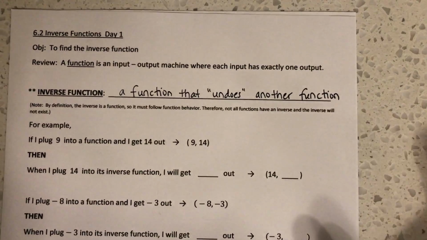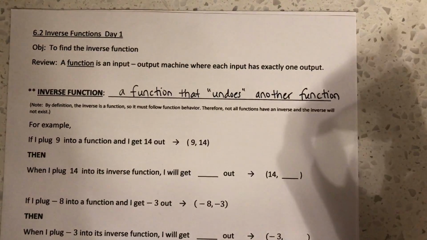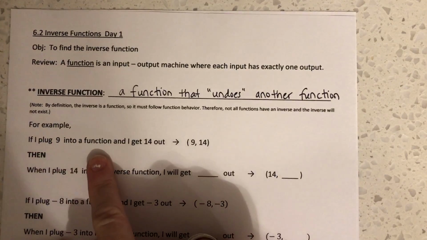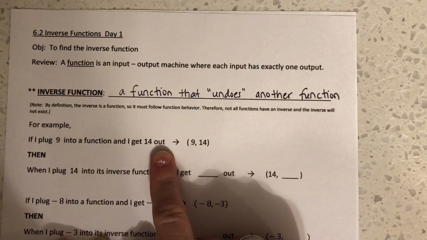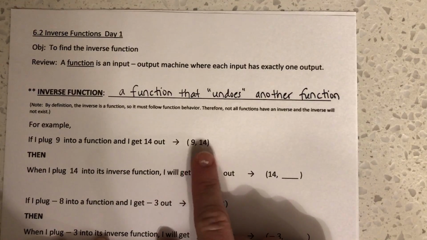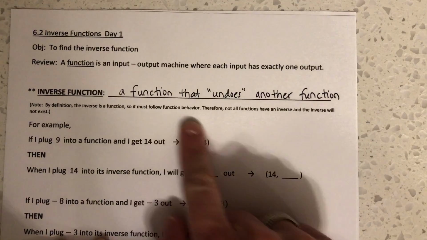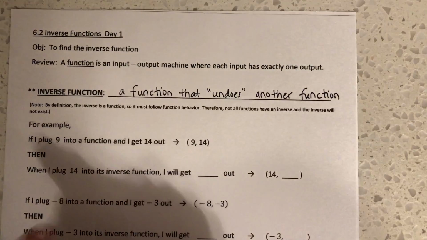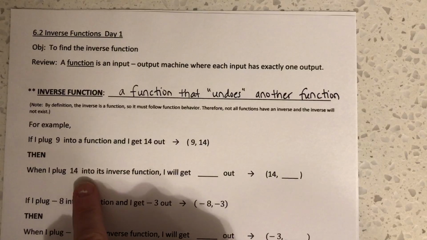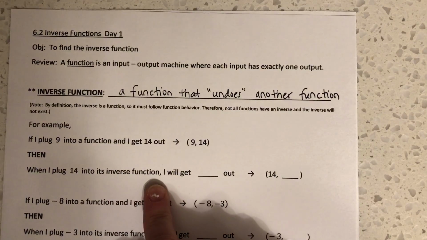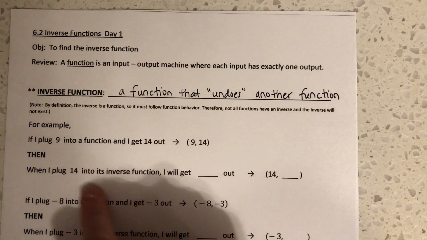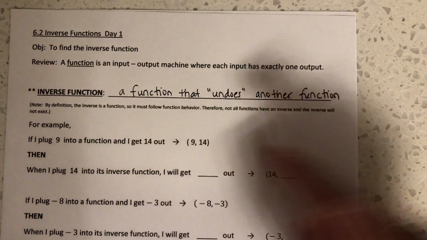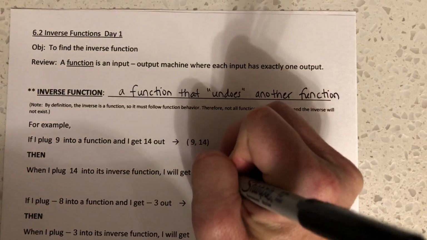All right, so for example, if an inverse function has to undo what an original function does, then let's say I plug 9 into a function and I get 14 out. That creates the ordered pair (9, 14), right? 9 went into the function, it did something to 9, and it spit 14 out. Well, if I plug 14 into the inverse function, it will undo all of the operations that happened to 14, and I should get the 9 that I originally plugged in back out.